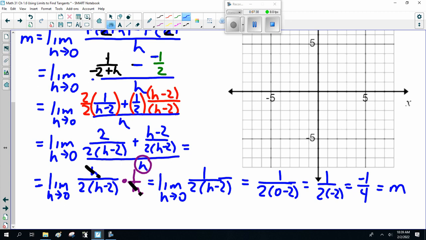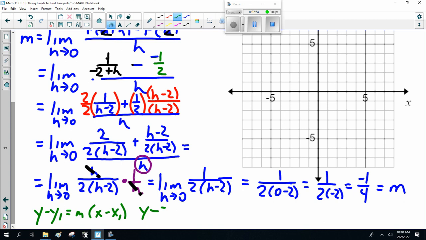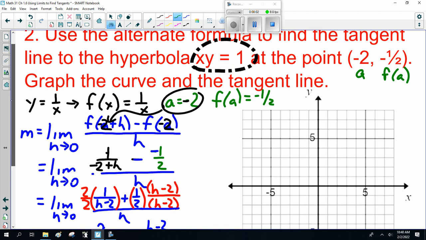Now, I did all that work to get m, and I have no space left here to plug in. Actually, I can do y minus y1 equals m times x minus x1. This is y minus, what was my y value up here? Minus a half, equals minus 1/4 times x minus my x value, which was minus 2.